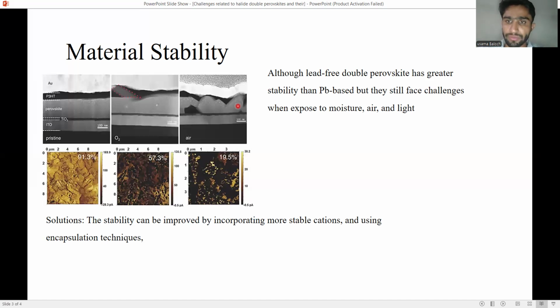We can solve these problems with a few things, like the mentioned encapsulation techniques.